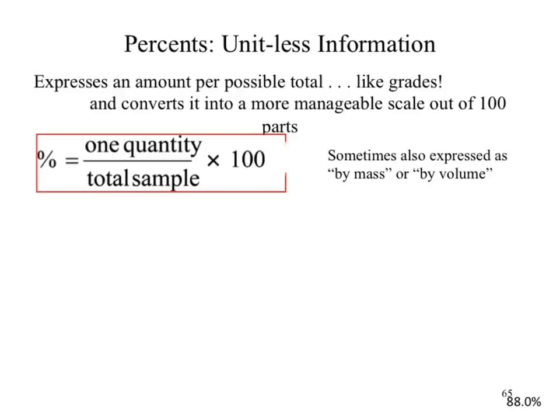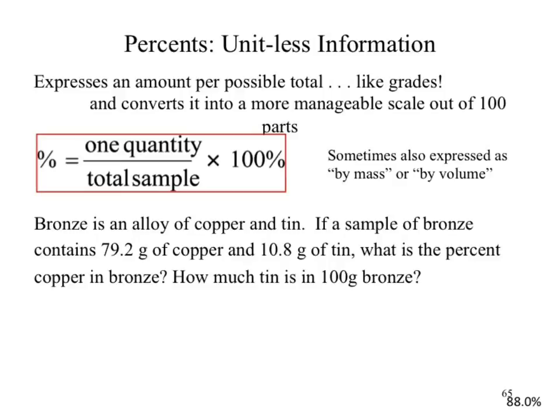Which brings up an interesting question. If the unit of our quantity is grams and the unit of our sample is grams, what are our units? Nothing. The units cancel. So we end up sort of implying percent as a unitless feature. There is some implied information in there, but we rarely, if ever, actually show those units.